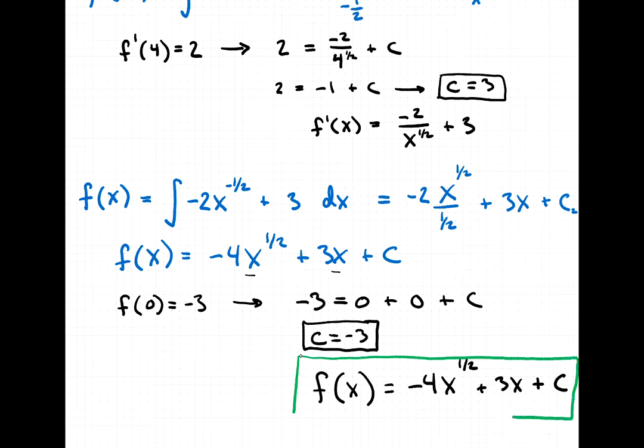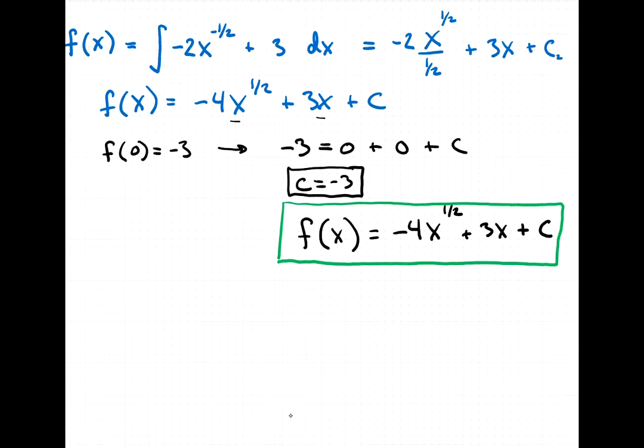And I'm pretty confident that this is our solution, but let's just double check it quickly. If that's our function, what's the derivative of this function? Power rule for derivatives, the half comes out front, so that's a -2, and the power drops by 1. The derivative of 3x is... oh, sorry, I think I said -3 but I wrote c. -3, sorry about that.